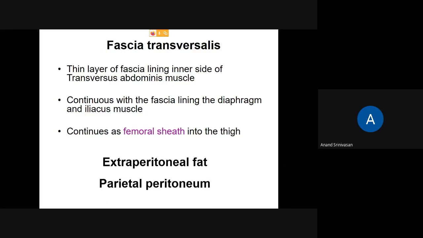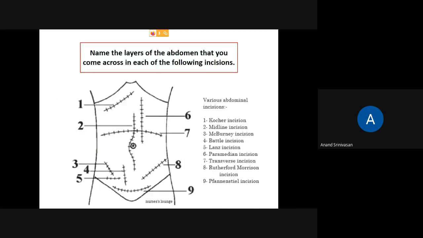There are many other things which are located here. I have given the name of some of the incisions. You need not remember all these things, but remember what are all the contents you will come through if you make an incision. Say if I make this incision, what are all the layers?